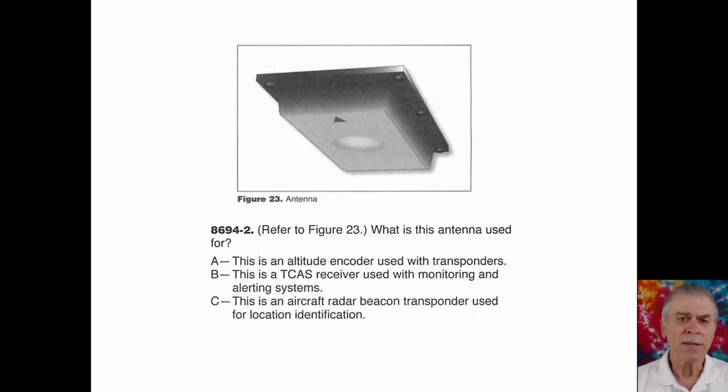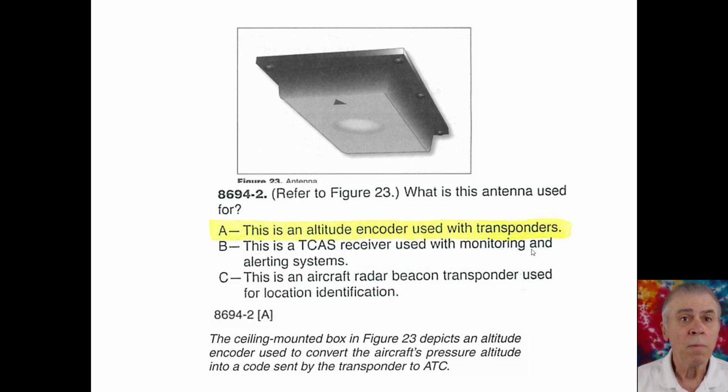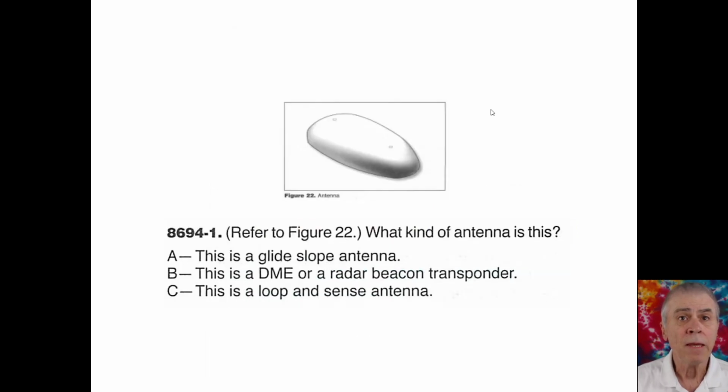I think just by elimination, I'm going to go with the altitude encoder. Okay, it is an altitude encoder used to convert the aircraft's pressure altitude into a code sent by the transponder to ATC. This one's an obscure one, so hopefully you don't see figure 23.